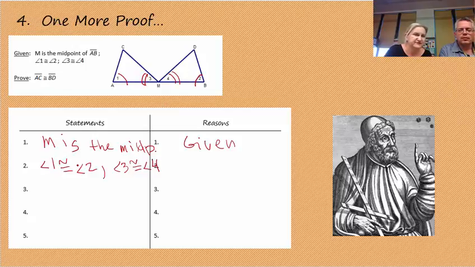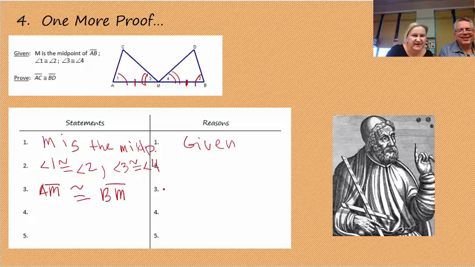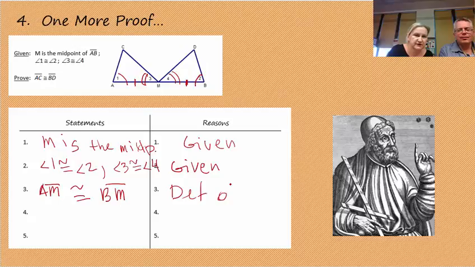And now from that first piece of information that M is the midpoint, by the definition of midpoint, I know the midpoint splits this segment into two congruent segments. So I know AM is congruent to BM. This was given, and this is the definition of midpoint.